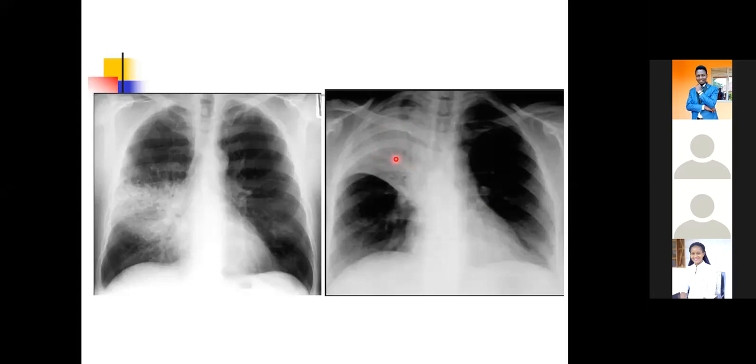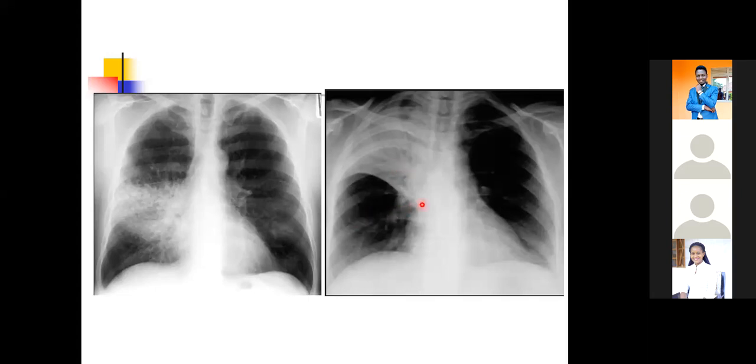If you're keen enough, you should be able to see some dark tubes or black tubular structures projecting into that area of opacity, and that is what we are calling the air bronchograms. I am going to try to explain how it comes about in the subsequent slides.